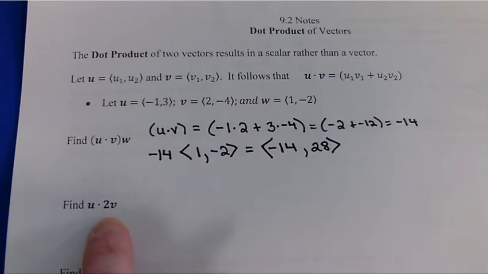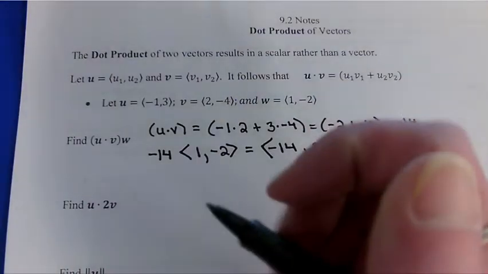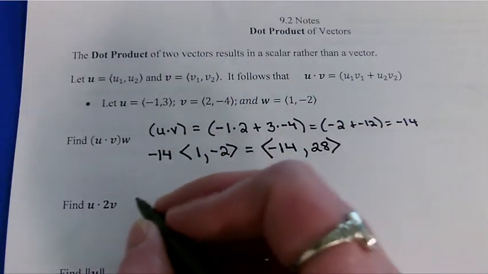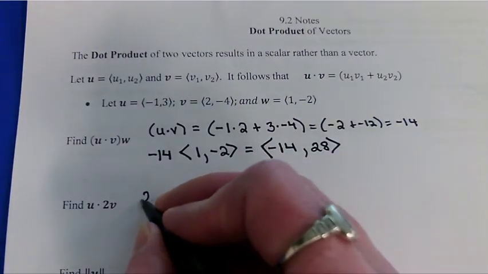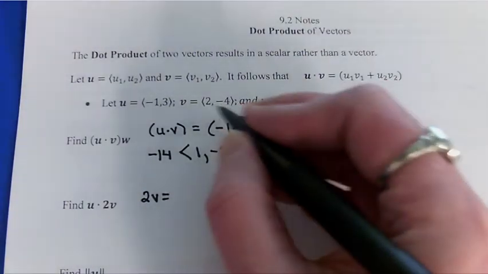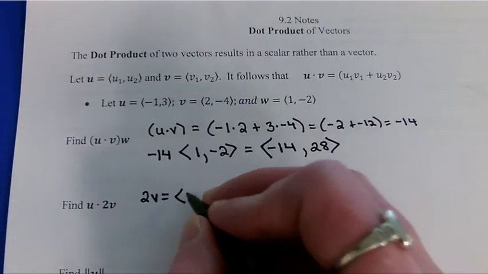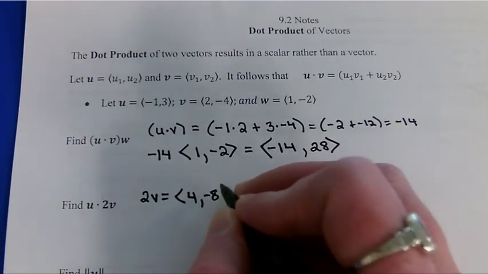u dot 2v. So the first thing we need to do is take 2v. So we're going to be taking u dot 2v. Well, 2v would be twice each of those components, so that's 4, -8.